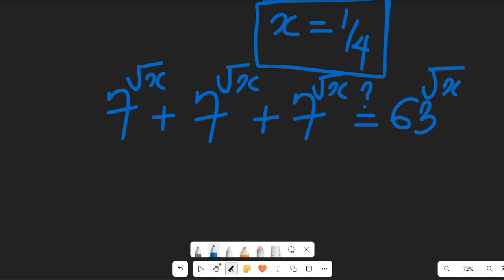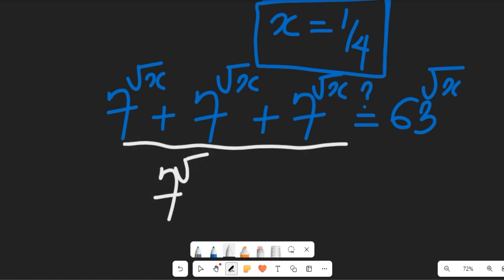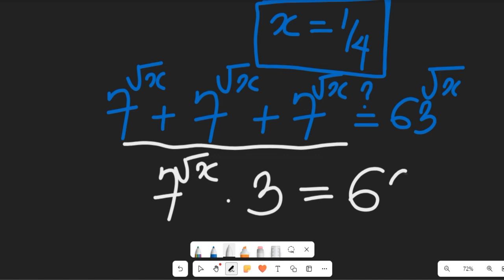Let's try that with x equal to 1 divided by 4. Now from that expression, you find out that this whole expression is going to give us 7 to the power of the square root of x multiplied by 3, from what we got initially, and this will give us 63 to the power of the square root of x.